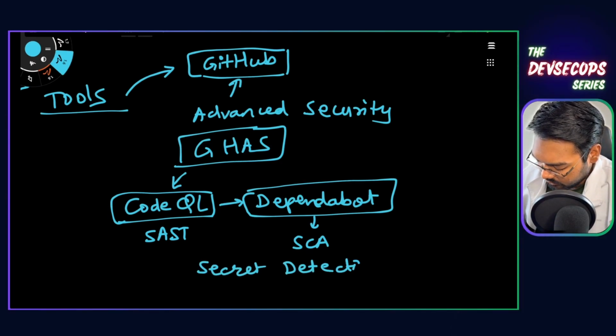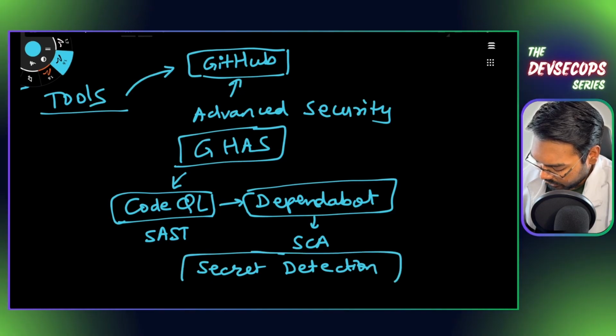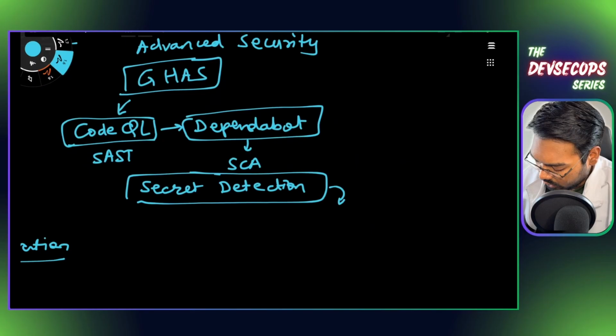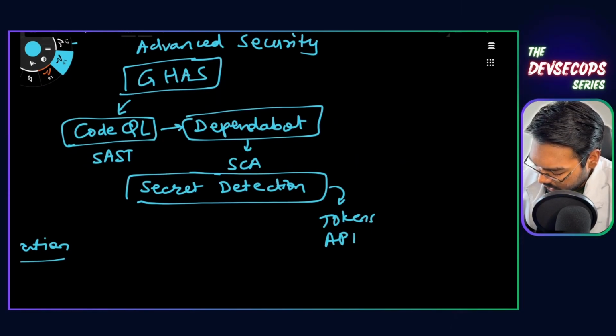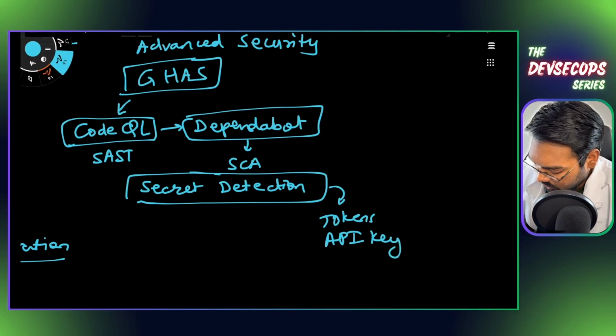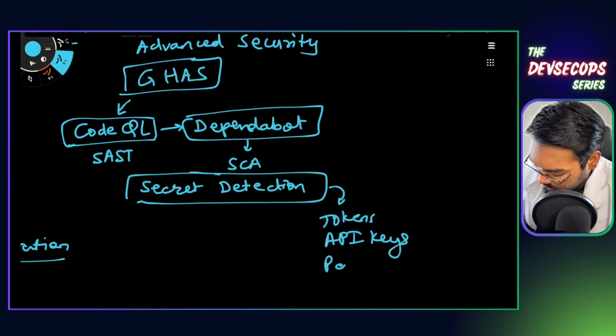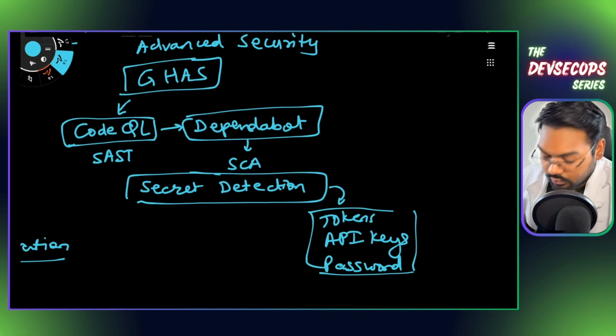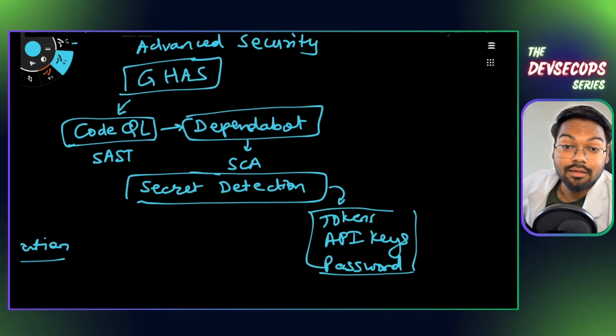Secret detection functionality would catch it if you are putting any tokens, API keys or passwords in your code base, so that if someone steals it, god forbid, you don't know what would happen.